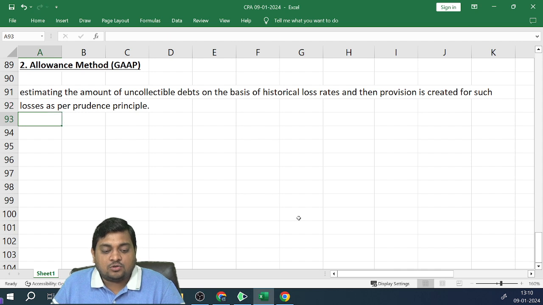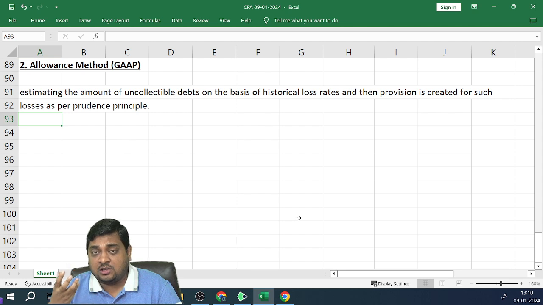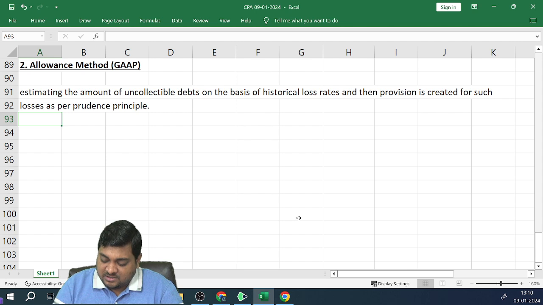So we are going to estimate the amount of uncollectible debts on the basis of some historical loss rates, and then provision is created for such losses as per prudence principle.